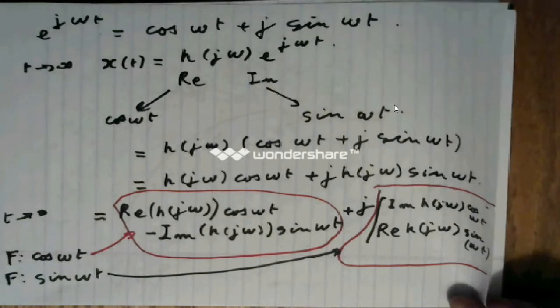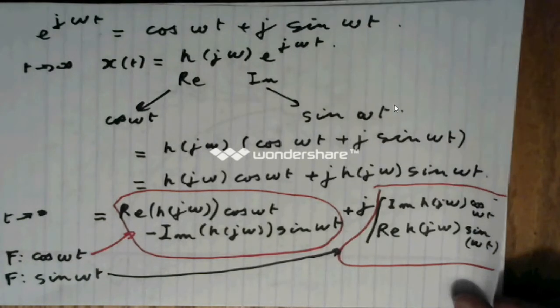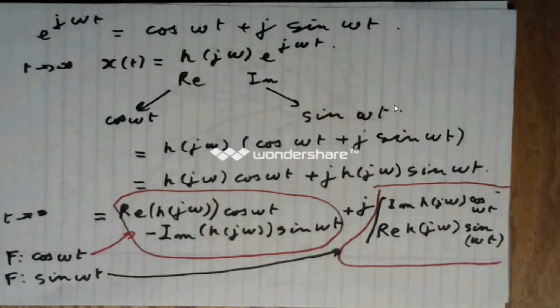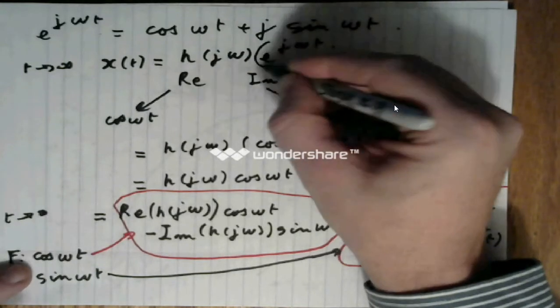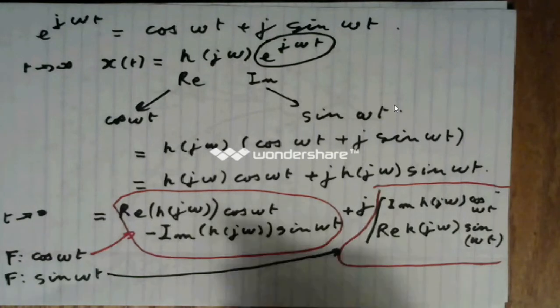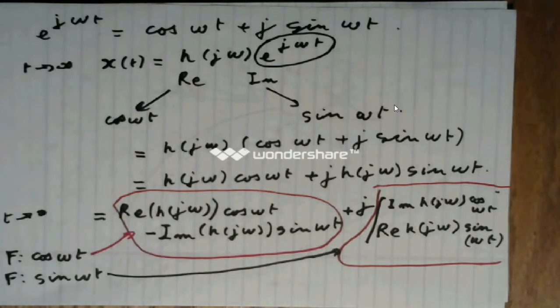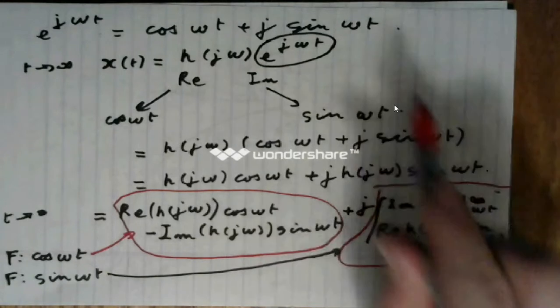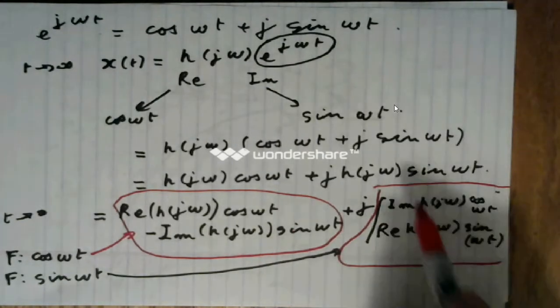Okay, so that being said, you will probably agree with me that it is much easier to consider the response to a complex input e to the j omega t rather than the response to a real cosine omega t or the response to another real sine omega t.